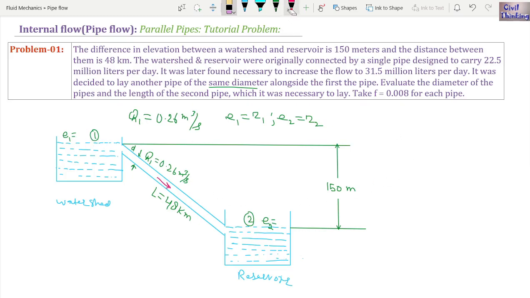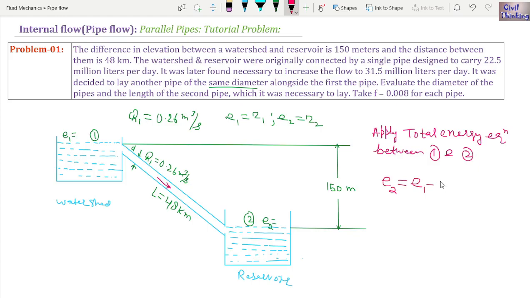In fluid mechanics, we have an equation which we call the total energy equation. According to the total energy equation, energy at 2 is equal to energy at 1 minus head loss.